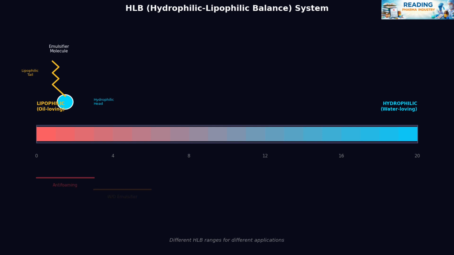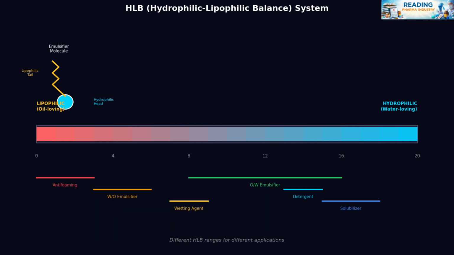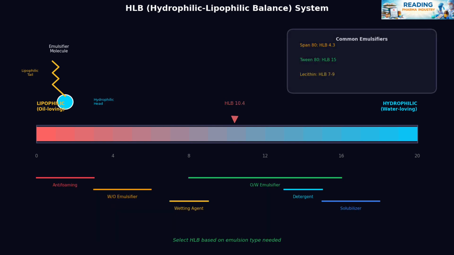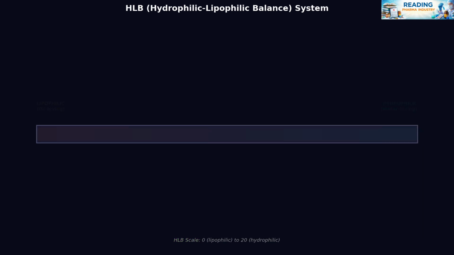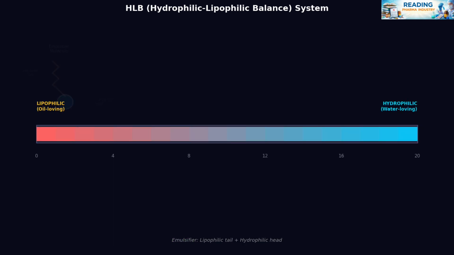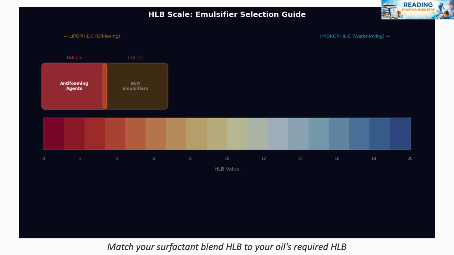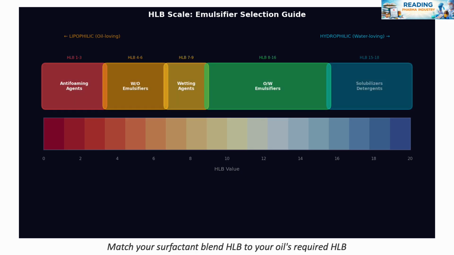So generally speaking, this is the region at higher HLB where we'll use those surfactants for oil in water creams or emulsions.